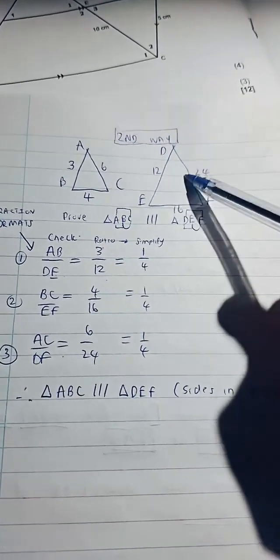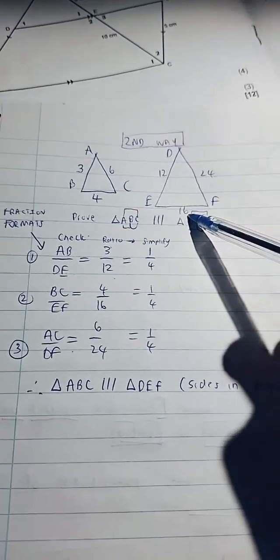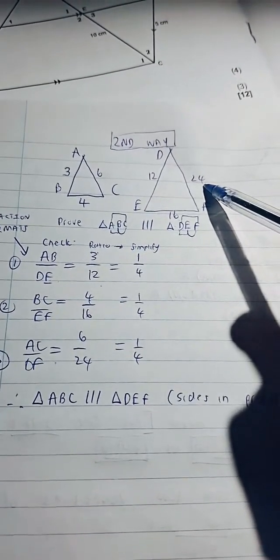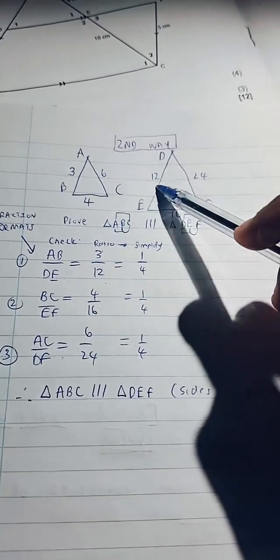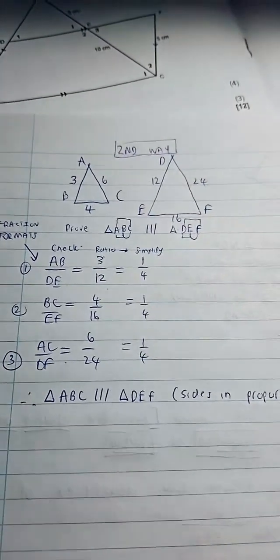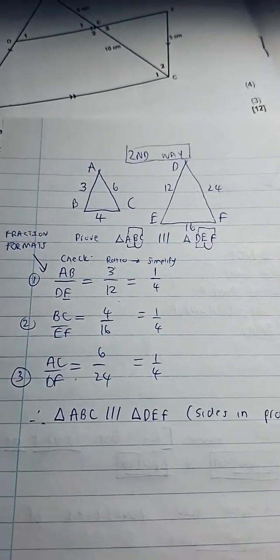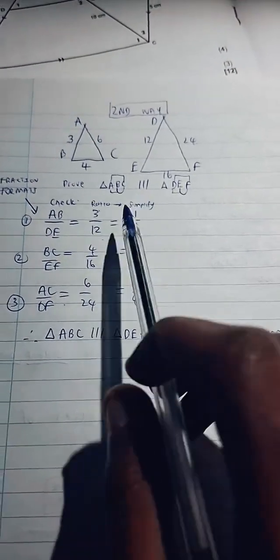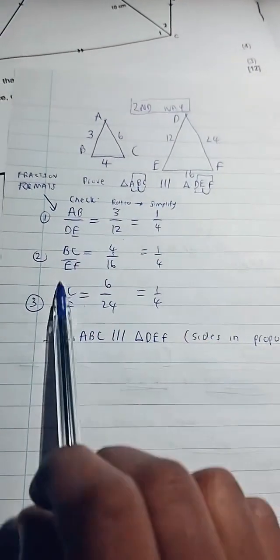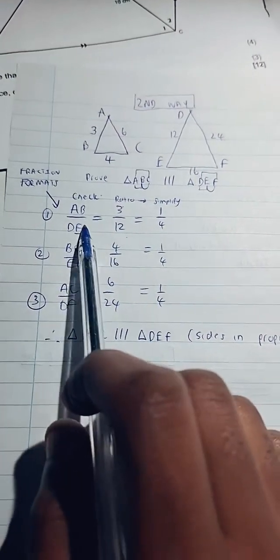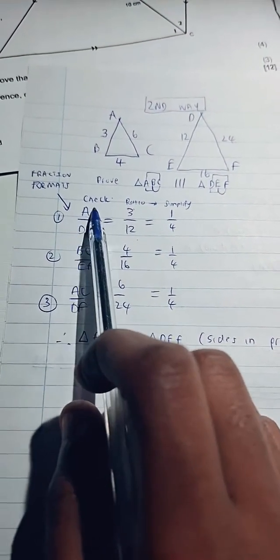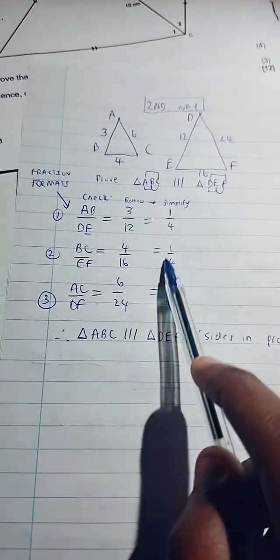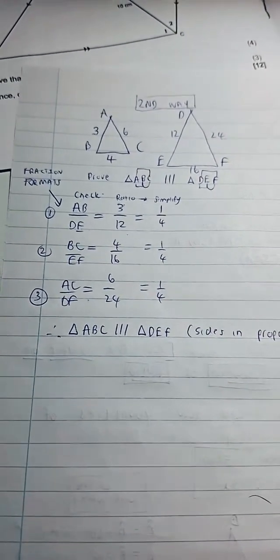Vice versa, to move from this triangle to get this one, we are dividing 16 by 4 to get 4, dividing 24 by 4 to get 6, dividing 12 by 4 to get 3. That speaks to you of triangles being similar, because written in ratio format, fraction format, you can see that the ratio that we get is the same for all 3 respective sides.